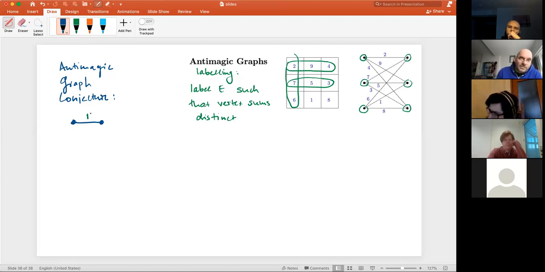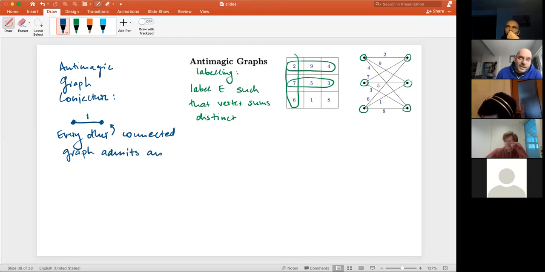So every other graph, and by other I mean not K2, and I guess I want it to be connected, admits an anti-magic labeling.